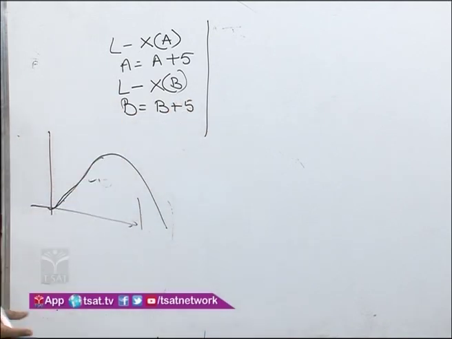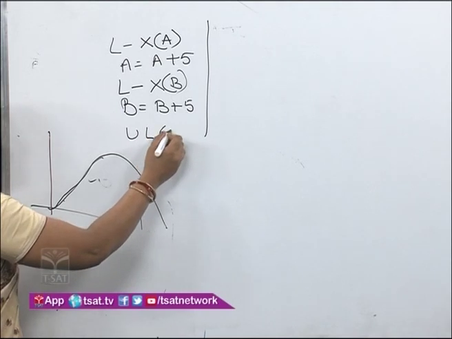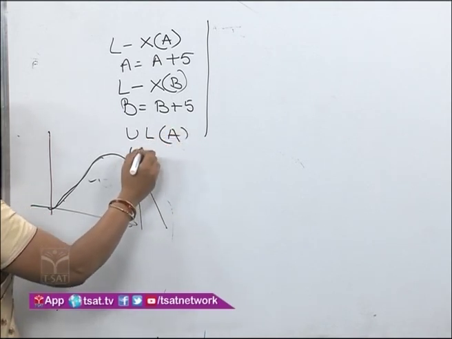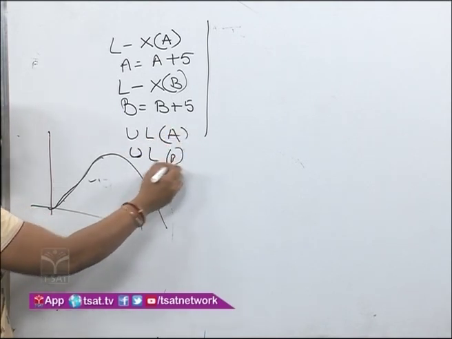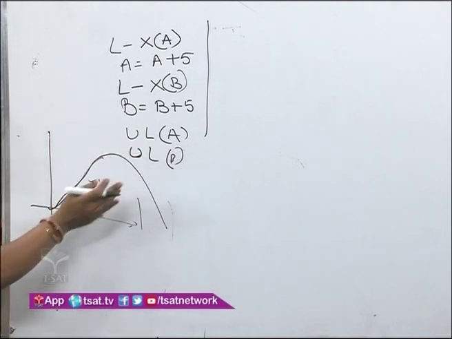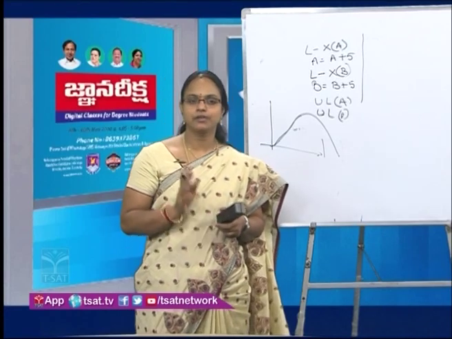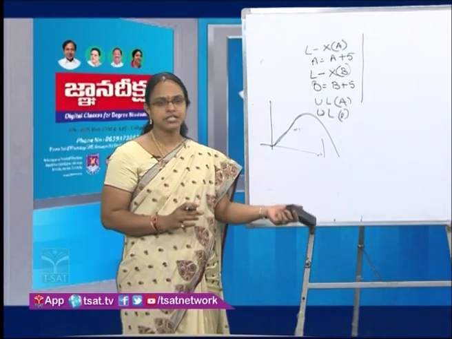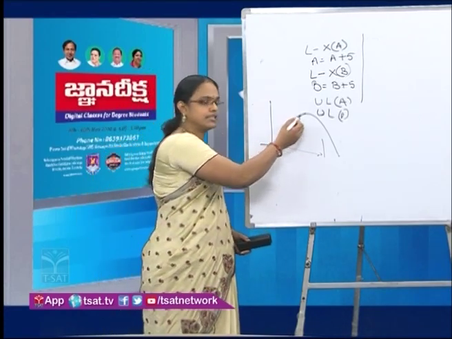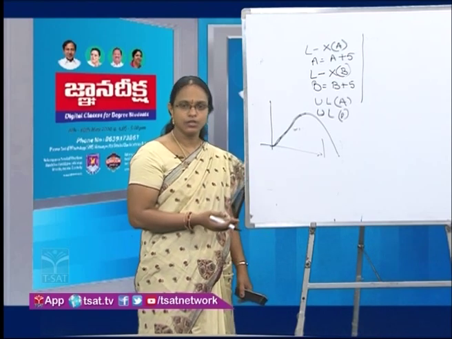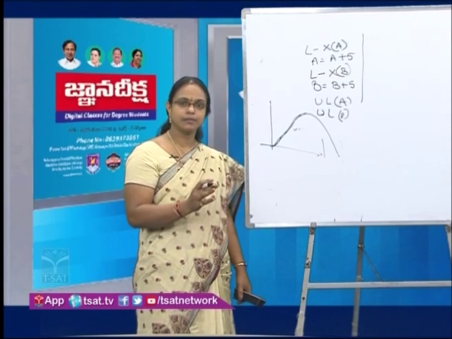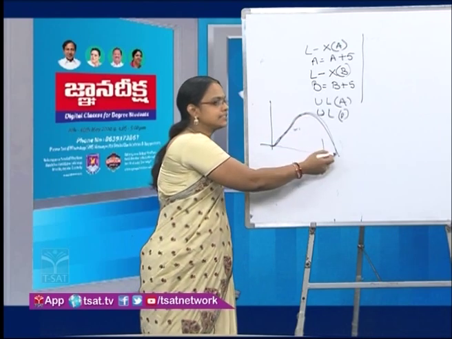Once your transaction is done, you start releasing the locks: unlock A, unlock B. Once you start releasing the locks, you are not supposed to apply any more locks. This is what two-phase locking is. You will have two phases, the growing phase and the shrinking phase. In the growing phase, I go on applying the locks and use the database objects, and in the shrinking phase I release the locks.